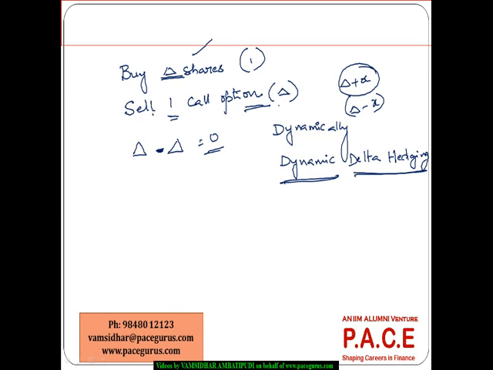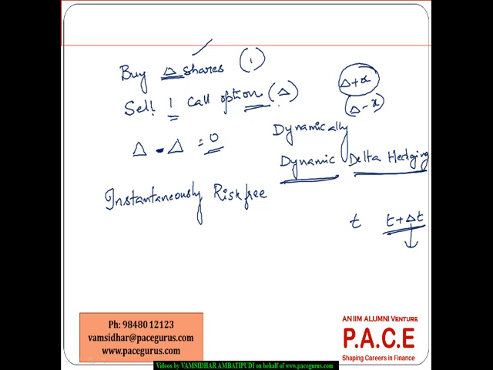Now, delta hedging is typically also called instantaneously risk-free. The reason is that for a very short period of time, we can predict the value with certainty. If we know the value of the portfolio at time t, we can very well predict the value of the portfolio at time t plus delta t, being very, very small.